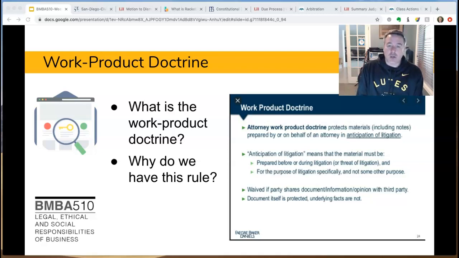So if I take notes, if I review documents and take notes, or I'm interviewing my client to find out what the facts are, my notes, it has to be done in anticipation of litigation. So that you can't just exempt everything. It's only documents that are created in anticipation of litigation.